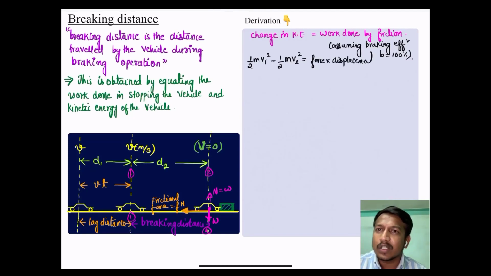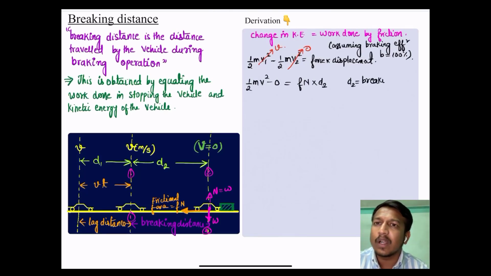Work done equals force into displacement. Here v1 is nothing but v, and v2 is equal to 0. Therefore half m v square is equal to the frictional force F into N, and displacement is D2, which we want to calculate, the braking distance.